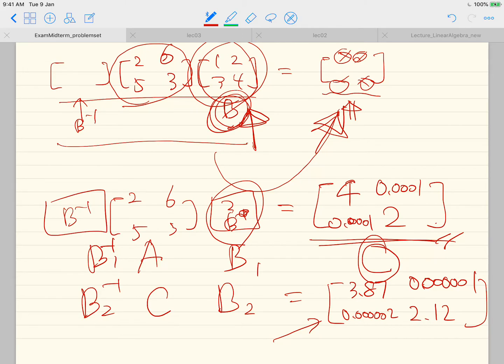But how do we find the eigenvectors? What is our eigenvector matrix? Yeah, it is really very easy. We applied A with B1 and B1 inverse, and then we applied B2 and B2 inverse, right? So B1 and B2 together give our final eigenvector matrix.